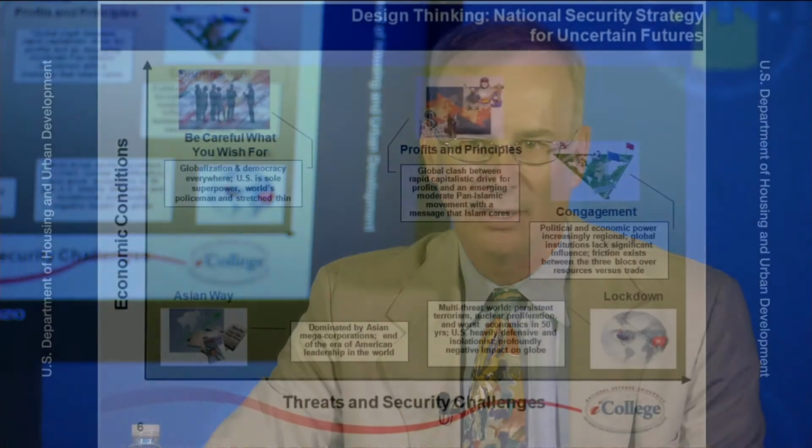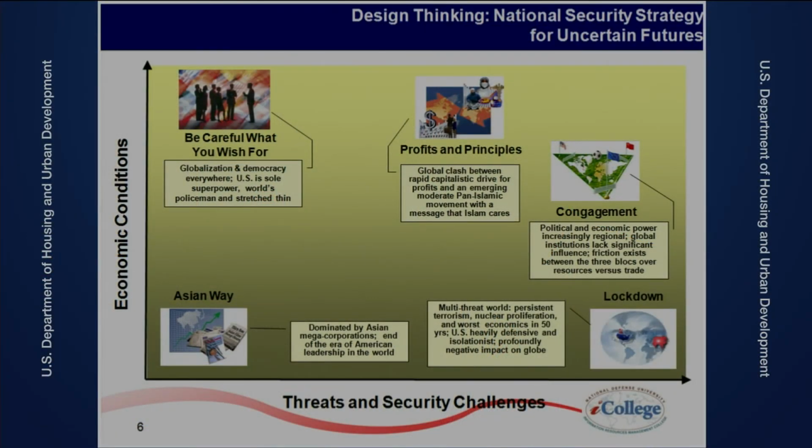Well, with the XY axis set up as threats and security challenges and economic challenges, the next step was to basically create some worlds. Now, these are what I call whole worlds, and these are different than traditional scenarios. Traditional scenarios tend to be what-if type scenarios, and they're partial worlds. These are all whole worlds.